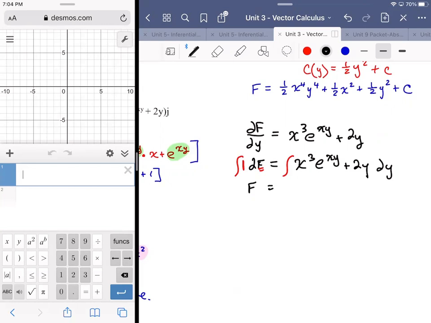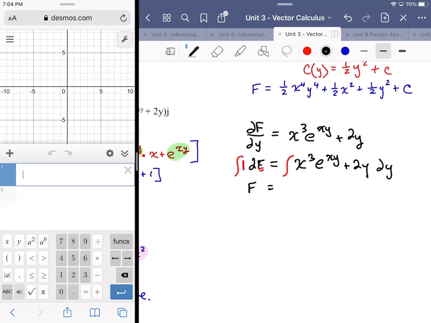Interesting. Little things. Anyway, finding the antiderivative of e to the xy. That's kind of fun, so you've got to tackle that one. Even though it looks ugly, it's really not that ugly. The derivative of e to the xy with respect to y would be e to the xy times x.